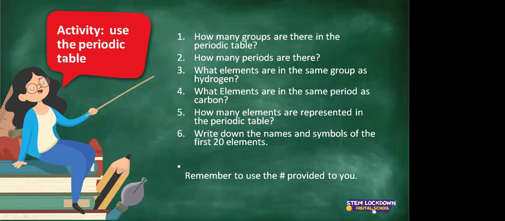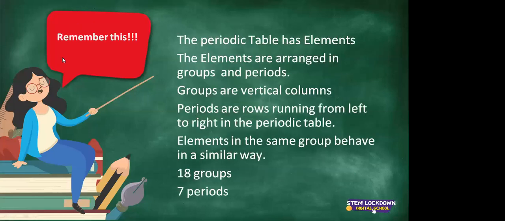The first 20 elements will be hydrogen, helium, lithium, beryllium, boron, carbon, nitrogen, oxygen, fluorine, neon, sodium, magnesium, aluminium, silicon, phosphorus, sulfur, chlorine, argon, potassium, and calcium.